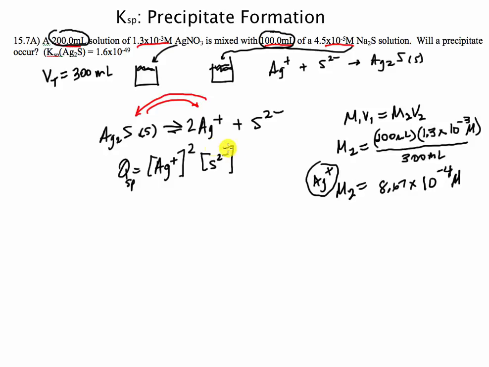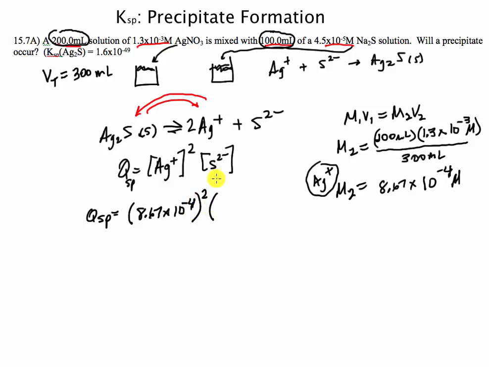Now I'm going to do the same thing for the sulfide. I'm just not going to show it here, I'm just going to plug that answer in. So I'm going to calculate Qsp, and that would be my concentration, 8.67 times 10 to the minus 4, squared.